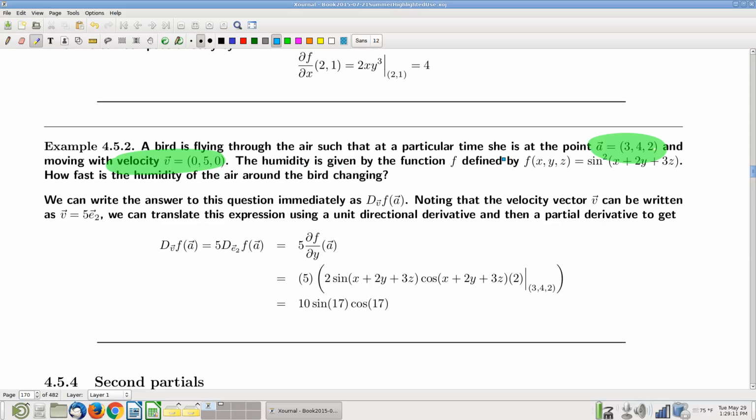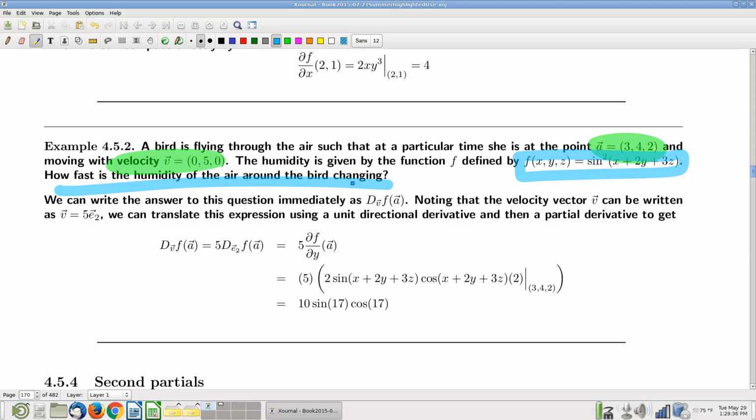That's the humidity, but the function's called f. I want to know the rate of change of that function f. So we want to compute a directional derivative. Right? Got a function, got an a, got a v, and you could just crank. You can say it's a directional derivative and just plug in and do it that way.